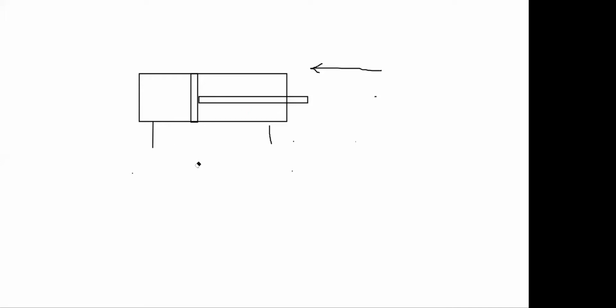So what is a double rod cylinder? A double rod cylinder is like this. You know, in the last section I told you that suppose there is a pipeline like this, and you are going to control its opening and closing by connecting this valve to the connecting rod of this piston.